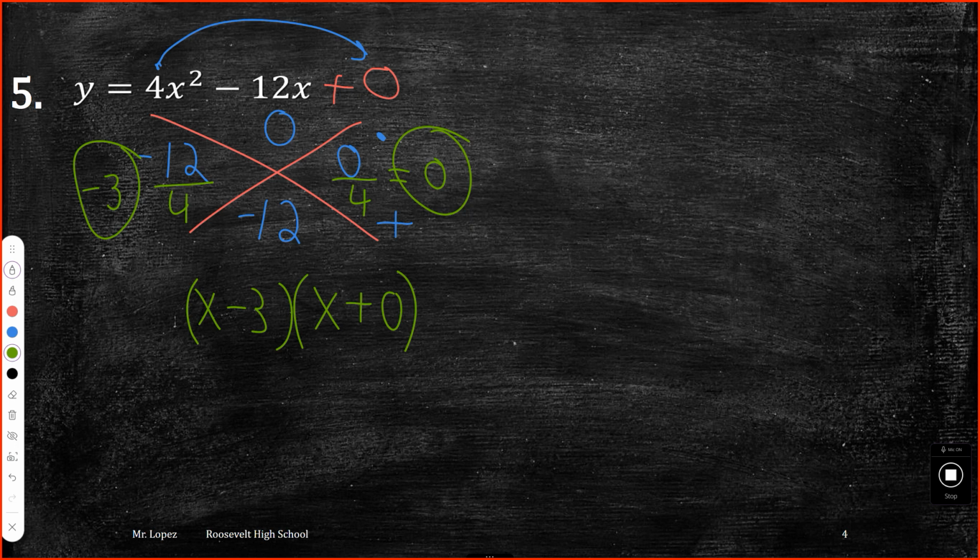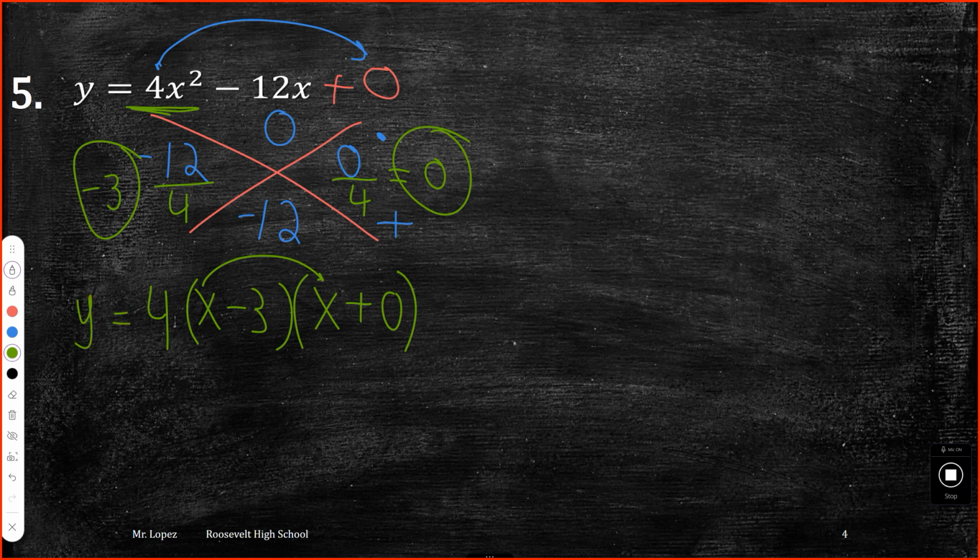What is the problem? If I multiply this out, what's x times x? And what do I really have here? So it's a problem. So what we really need then is to put a 4 here. And then that's going to be true.